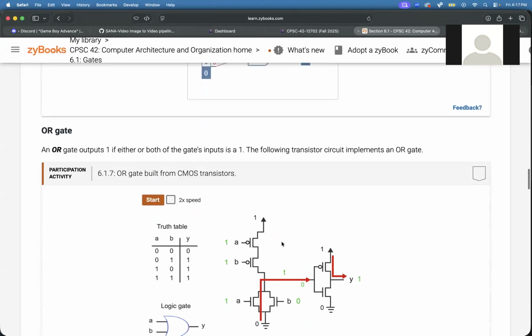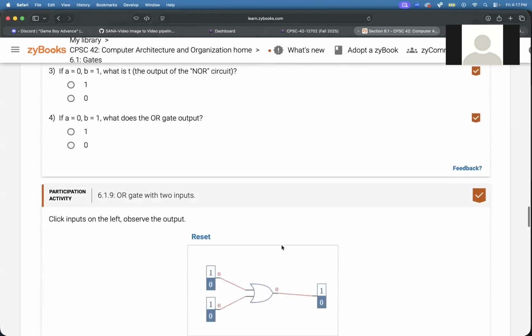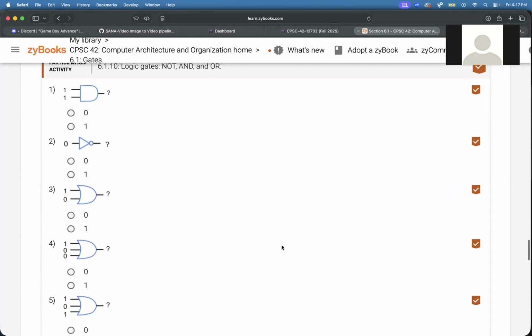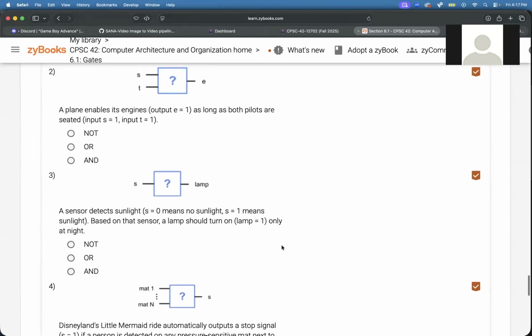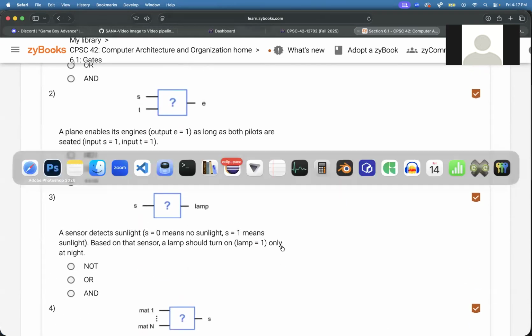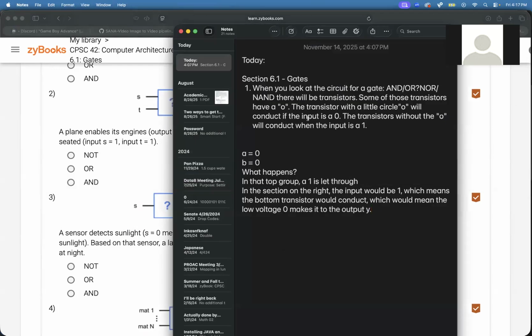And that's kind of what you got to do on those circuit diagrams. So they're not hard, really. You just have to use this idea that we said here, right? If there's a little circle on the transistor, then that means it will conduct when you input a 0. And if there's no little circle on the transistor, then that means it conducts when the input is 1.